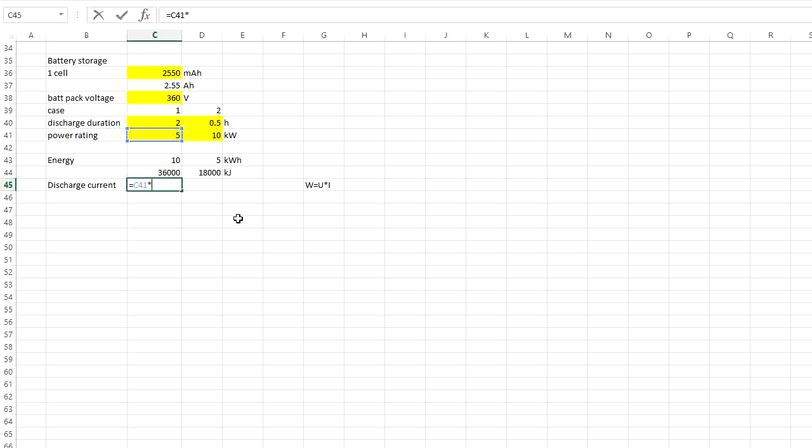So this is 5000 watts divided by the voltage, and we get current in amperes. So we can see in the first case, the current drawn from the battery pack is almost 14 amperes, in the second case 28 amperes.